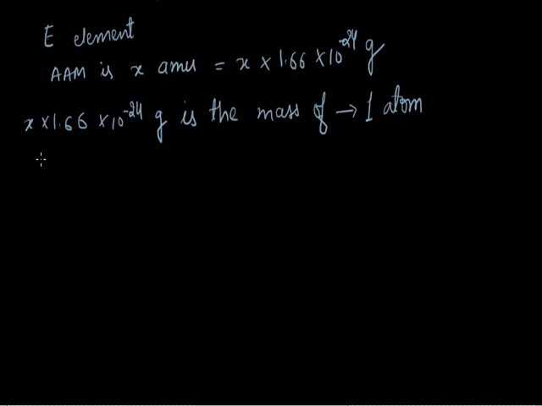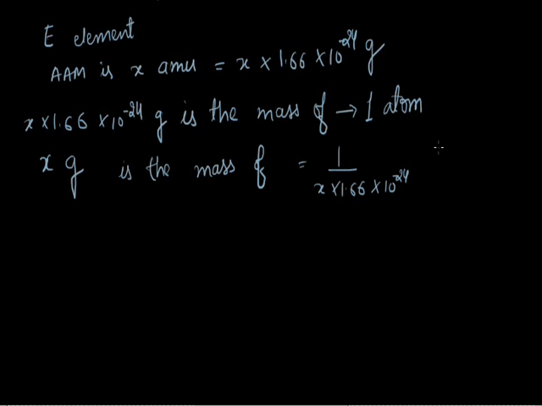So if we take x gram, gram atomic mass is the mass of 1 upon x into 1.66 into 10 raised to the power minus 24 into x atoms, by the unitary method, simple.